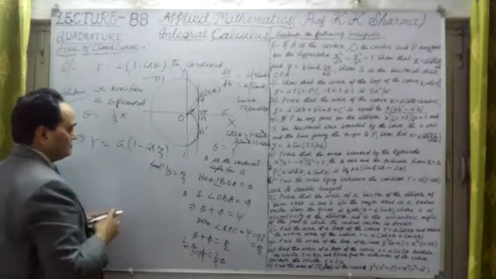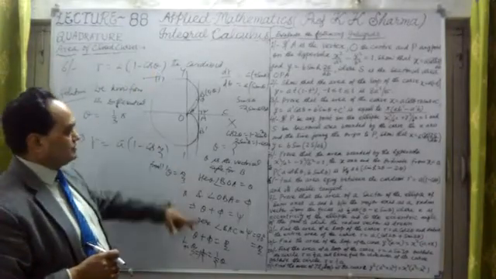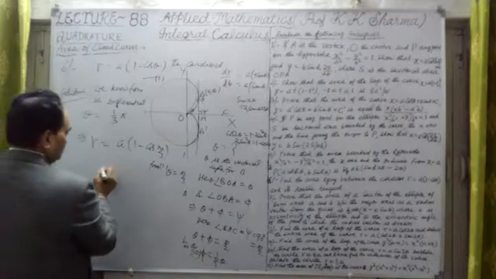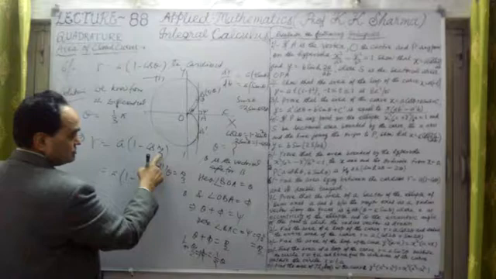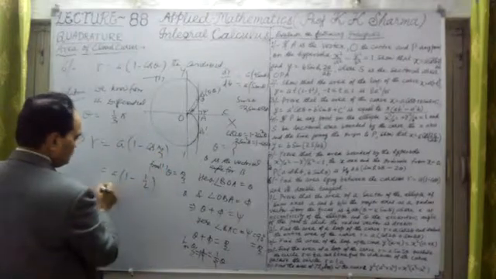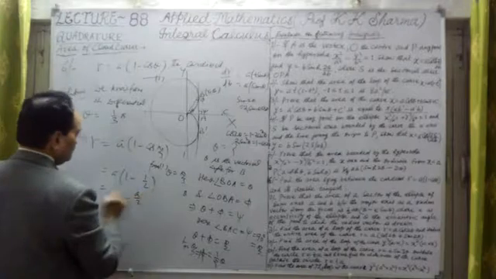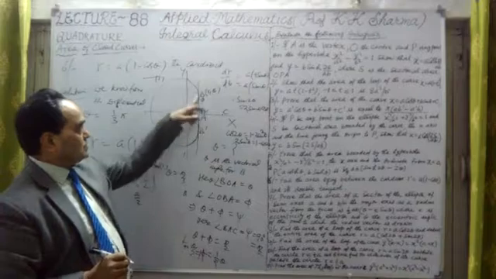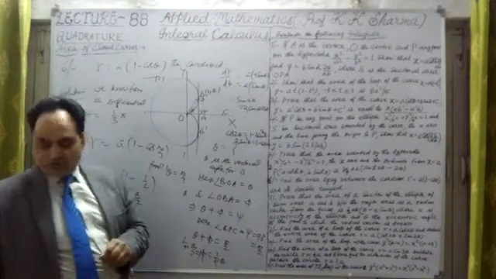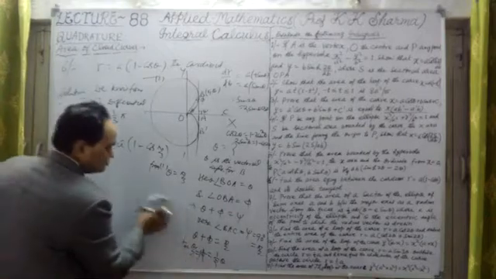That means this is a into 1 minus 1 by 2, because cos pi by 3 is 1 by 2. 1 minus 1 by 2 is half, that means a upon 2. So r is a upon 2, and theta is also obtained.